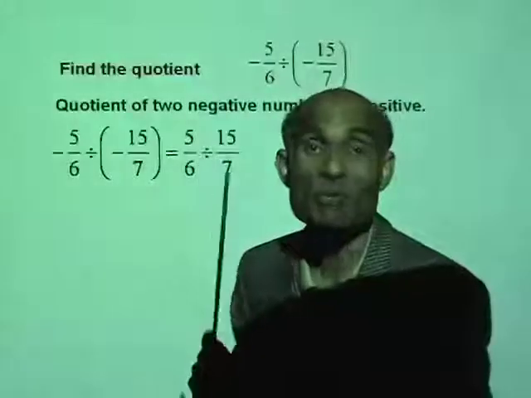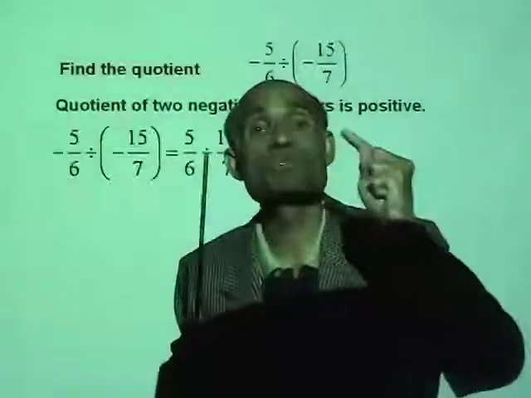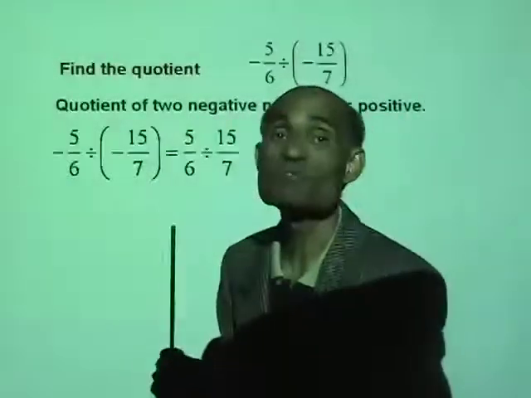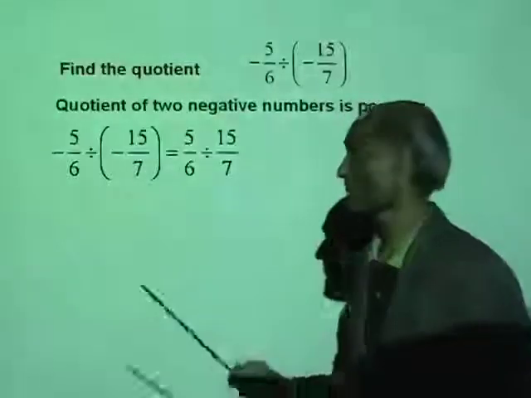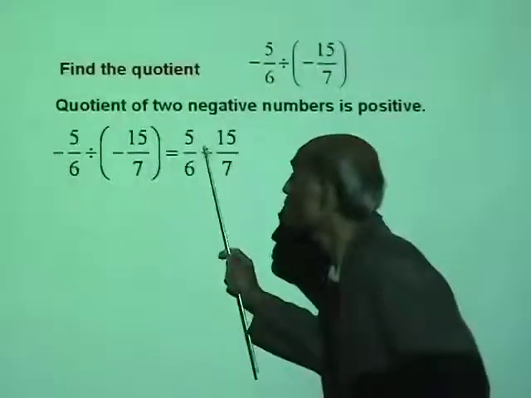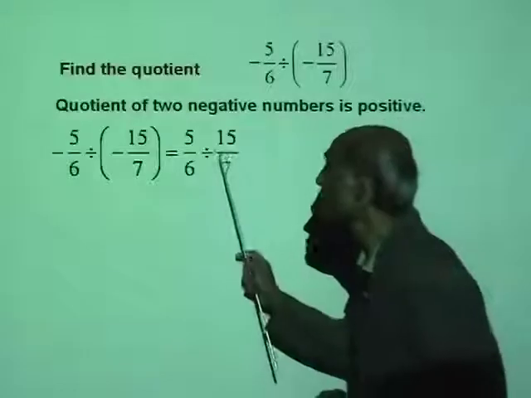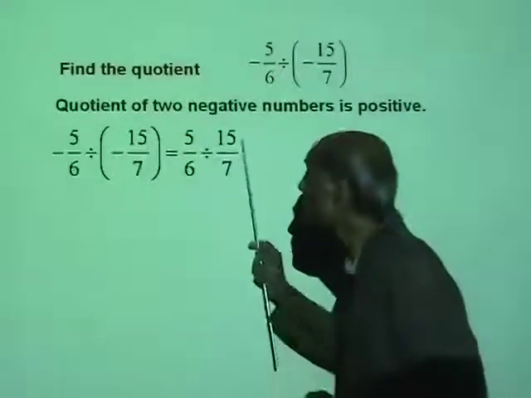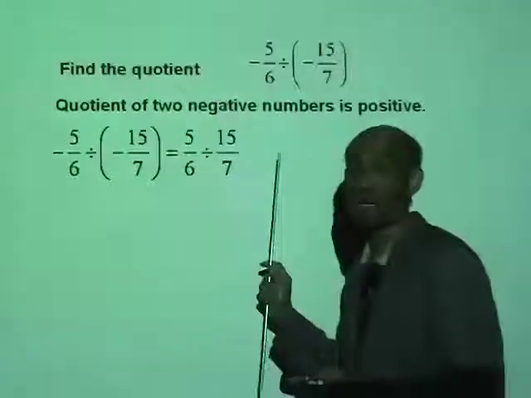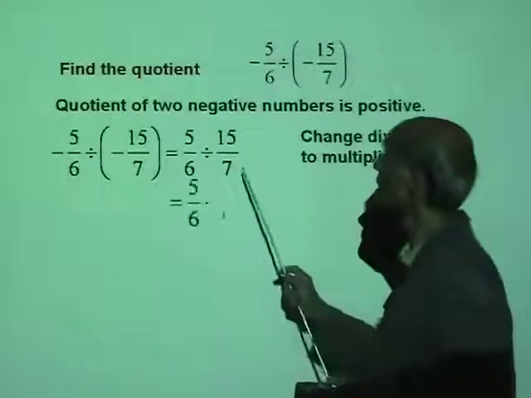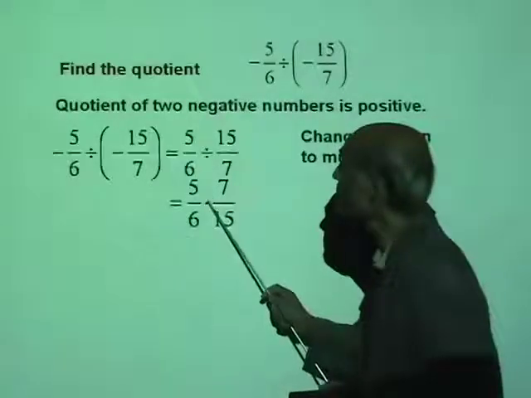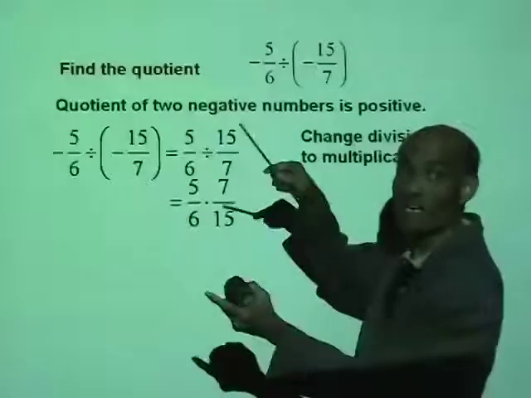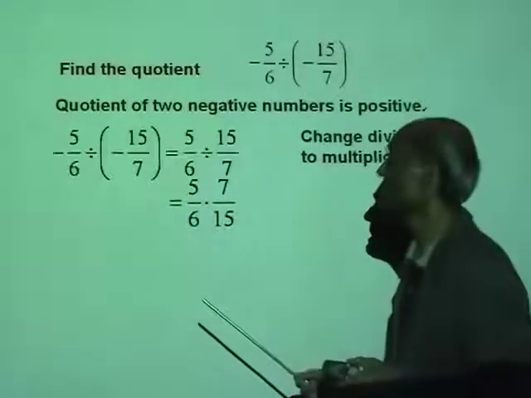You see, multiplying 2 negative numbers or dividing 2 negative numbers gives you a positive number. Now, what do we do to do our division? Change the division to a multiplication and write the reciprocal of the second number. So that will be 5 over 6 multiplied by 15 over 7, which now becomes its reciprocal, 7 over 15.